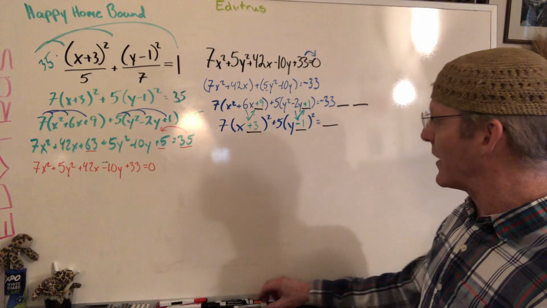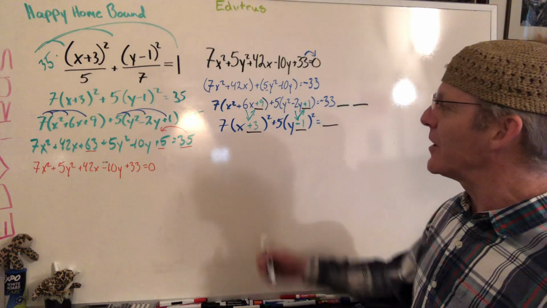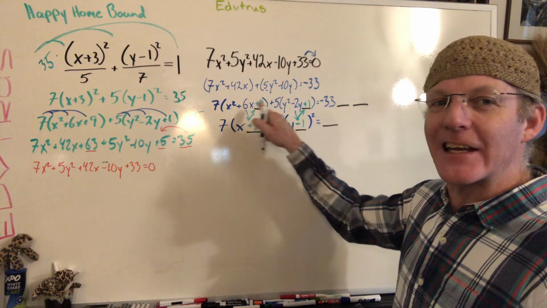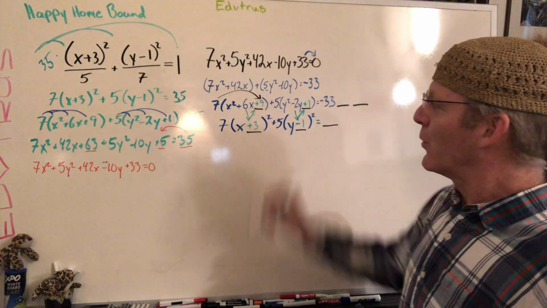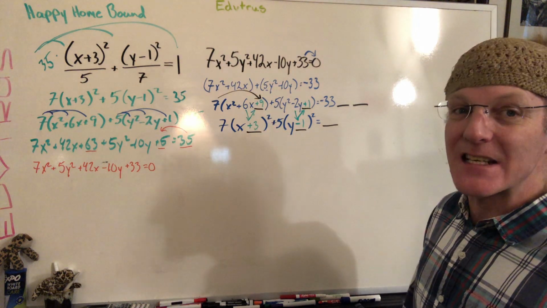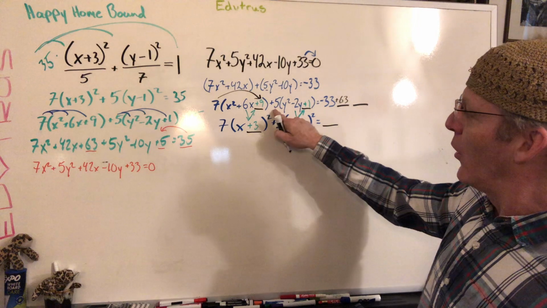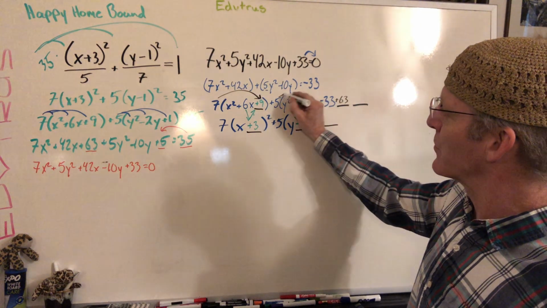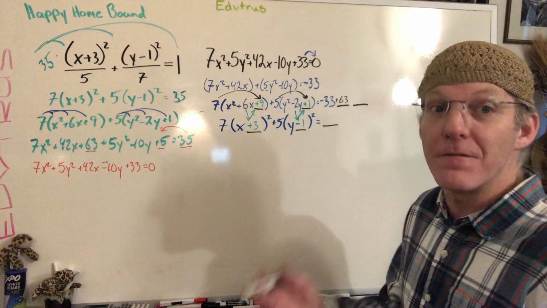So at this point, what we have to do is compensate for what we've done. And remember, we didn't put a 9 in here. We put 9 in a place being multiplied by this coefficient. We put in a value of 7 times 9, or 63. So I'm going to add 63 here. Over here, we put that 1 in a place being multiplied by the 5, so we put in a value of 5 times 1, or a value of 5.